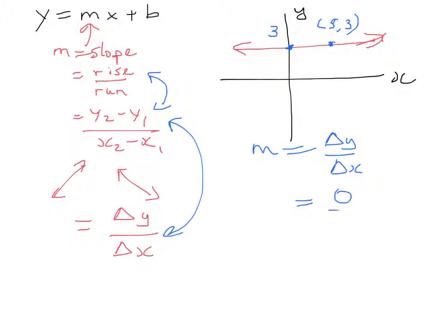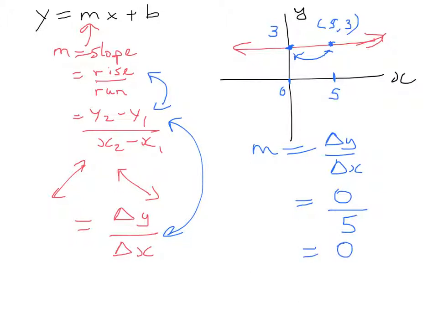My delta y, my change in y values between these 2 points, is nothing. Oh, look at that, I have a little smiley face. Between those 2 points, however, I do have a run, and in fact my run is 5 units, because if I take 5 from here, there's the 5, and this spot here is really a 0, we know that horizontal distance there is 5 units. So overall our slope is 0.